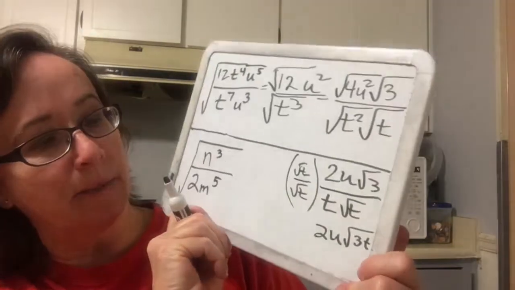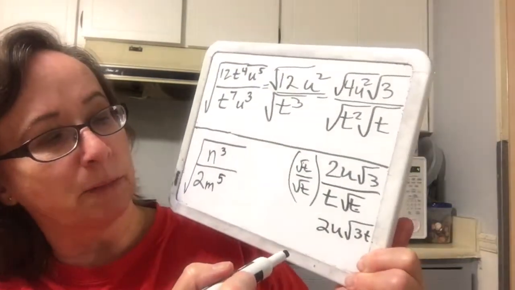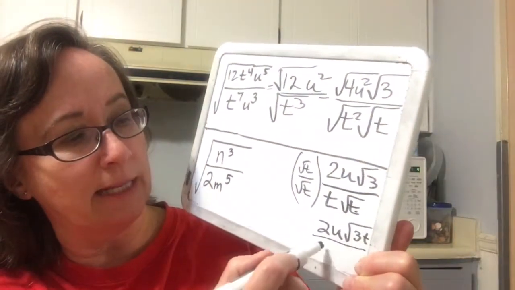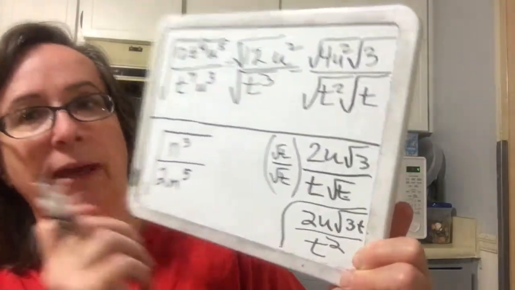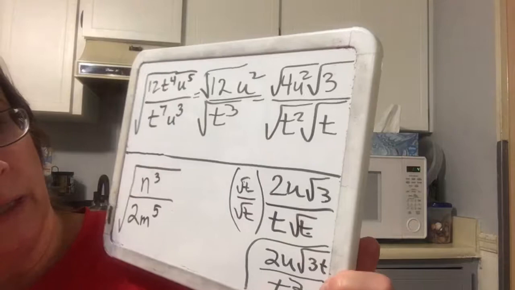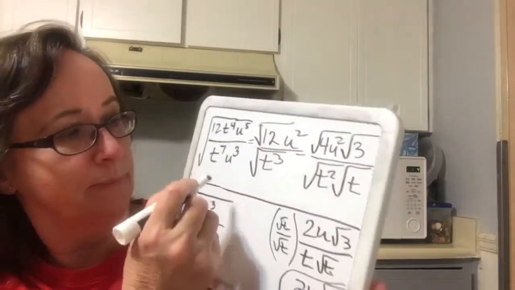And in the denominator, we have the square root of t and the square root of t multiplied to give me a t times a t, which is a t squared. Okay, so that's the end of that problem. So we will just put that answer right up here.